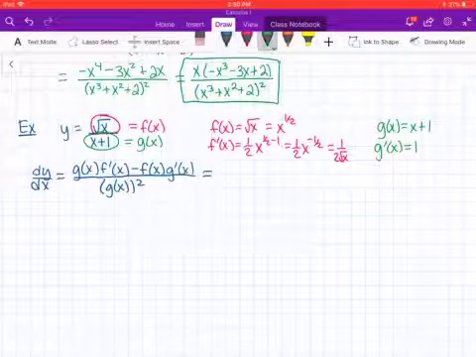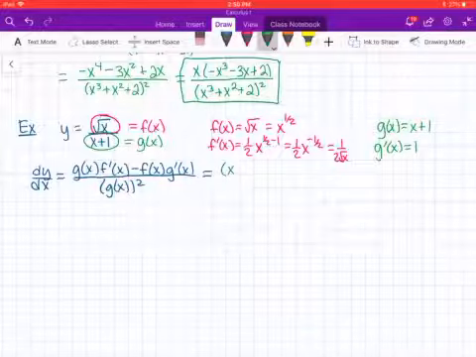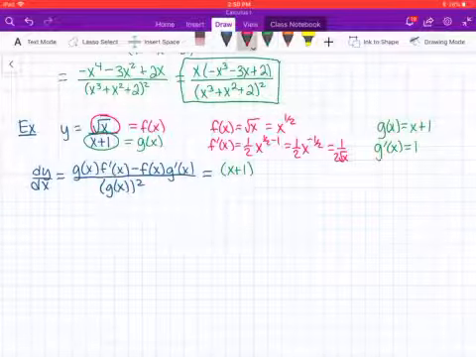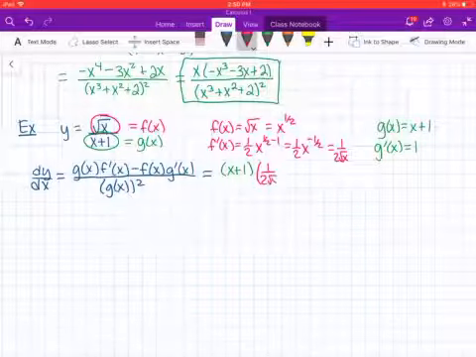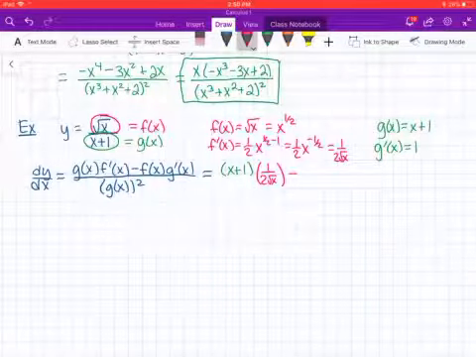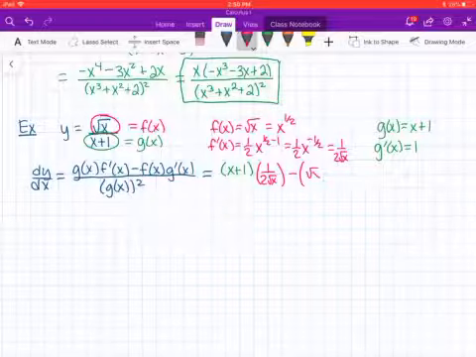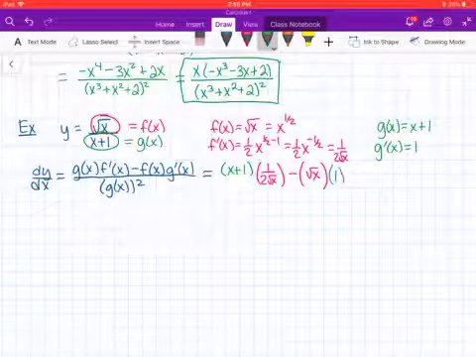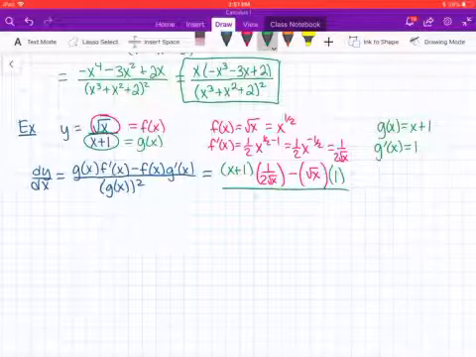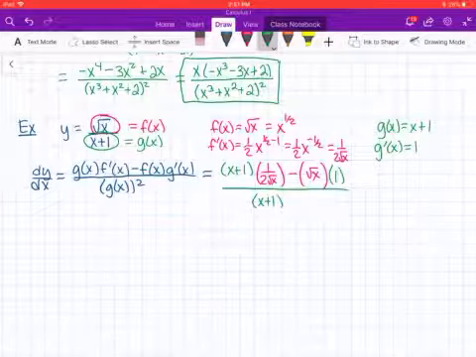Okay, now for the bottom, it's x plus 1 times the derivative of the top, which is 1 over 2 square root x. Then you subtract the top, which is the square root of x, times the derivative of the bottom, which is 1, over the bottom squared. x plus 1, quantity squared.